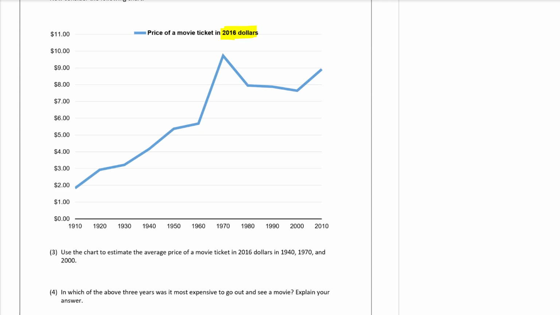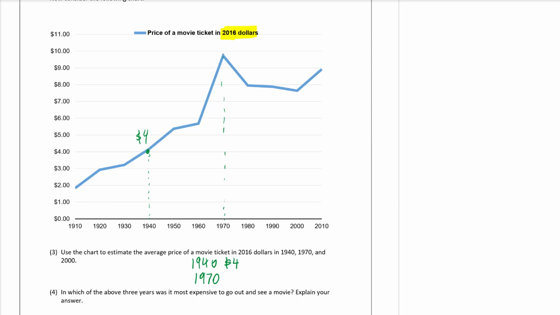Alrighty, now let's review. The year 1940, we go to the chart. Looks like it was almost exactly $4. Looking at the year 1970, we go up from 1970, and it looks like there's a peak here.